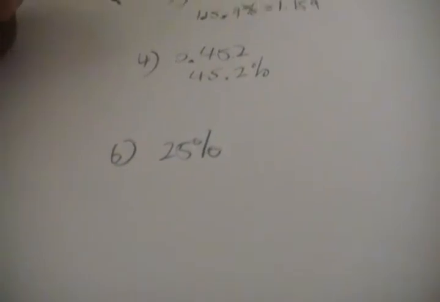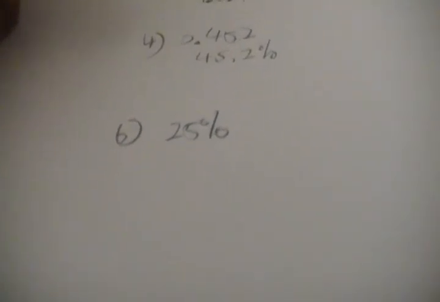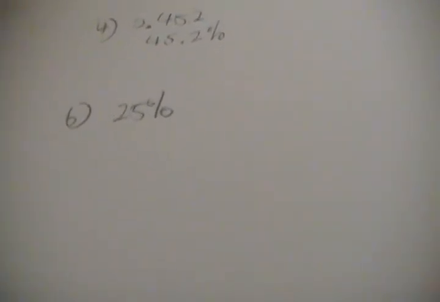Alright, now what we want to do is try converting this right here, 25%, into a fraction. So let's try 2 steps. First, convert this percentage into a decimal, and then the decimal into a fraction.